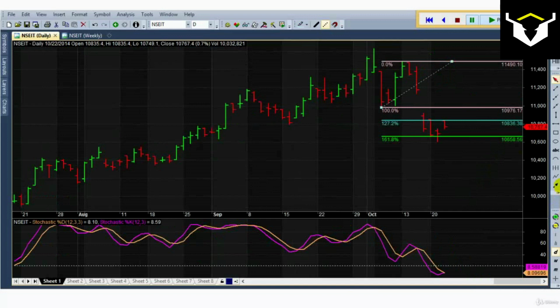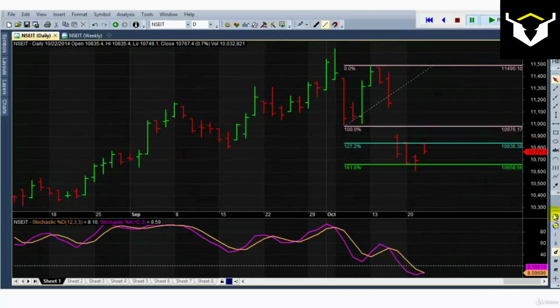So I've plotted the Fibonacci extensions on the chart, and you can see prices have hit 161.8 at the 10,658 level, and as of the last bar, prices seem to have found support at the 161.8% level.